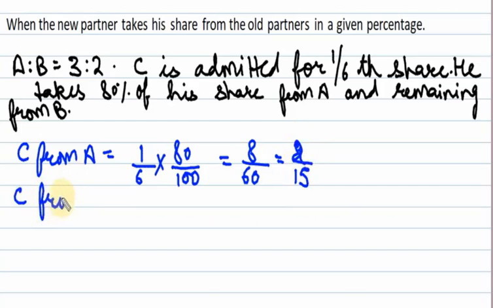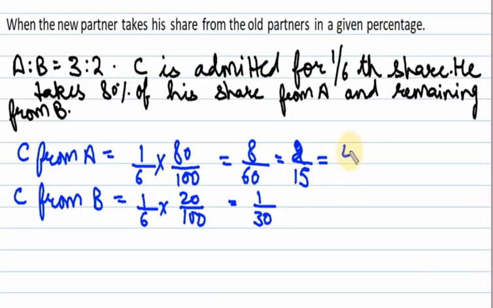Similarly, C from B, the remaining 20% of 1/6. So we can say it is 1/30. When it is 1/30, then we will also write it in terms of 30. Now the share of C will be 4/30 plus 1/30, that is 5/30.